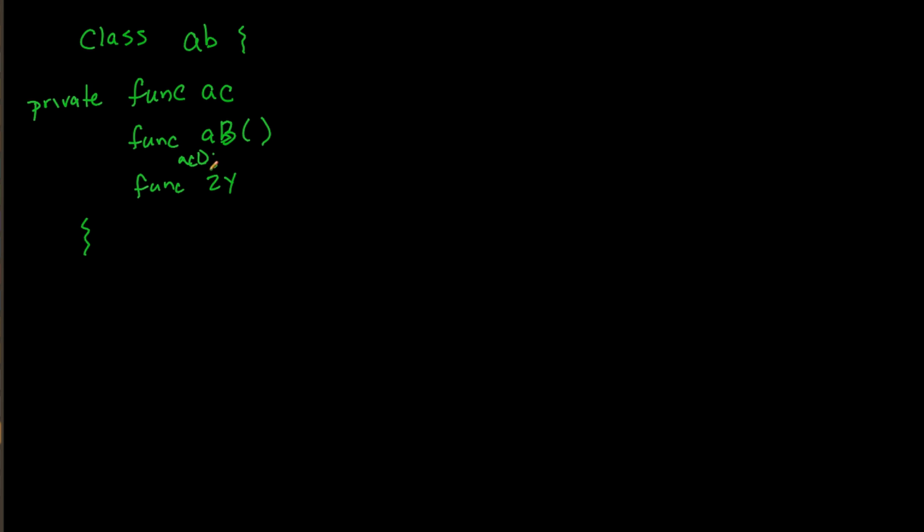That function handles calling AC, but they can't call it themselves. They have to call AB. What this starts to do is give me control over the order things are done and the way things operate. Now, this gets to be really powerful.